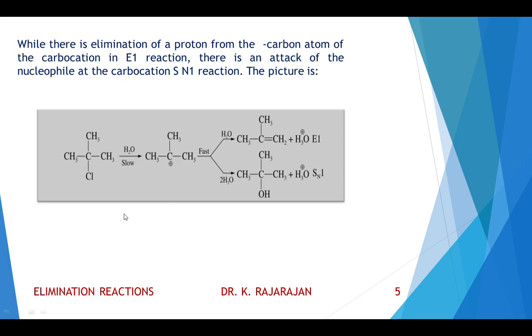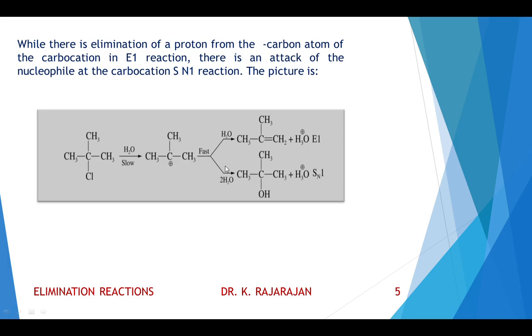The picture is as shown on the screen. So here you have two possibilities, whereas there is only one structure. This is the first step, which may be called the rate determining step, and this is the fast step.